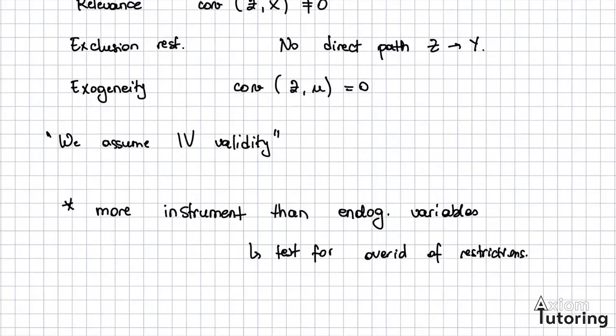What do researchers actually do? Without a direct test, they defend the exclusion restriction using economic theory, institutional knowledge, historical context, or they can do robustness checks. And keep in mind, it's argumentation, not proof. Usually a good IV paper spends a substantial amount of the paper itself defending why the exclusion restriction is plausible.